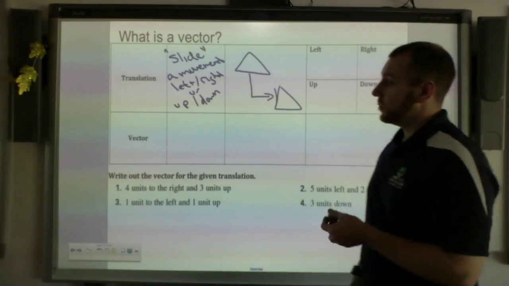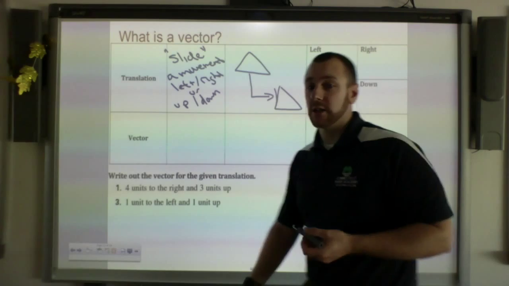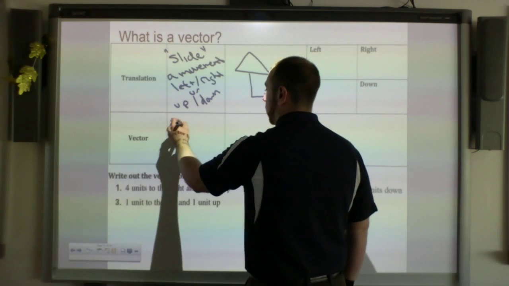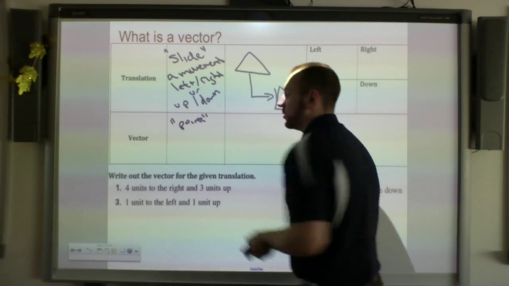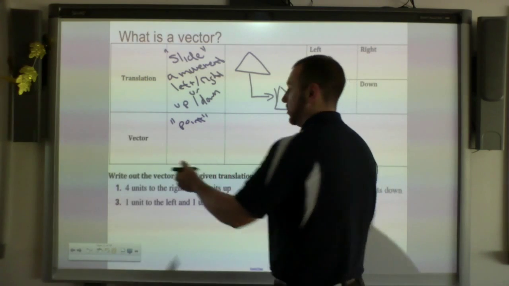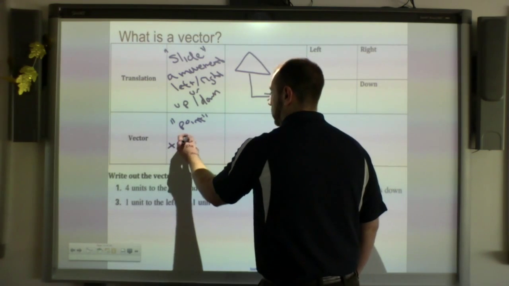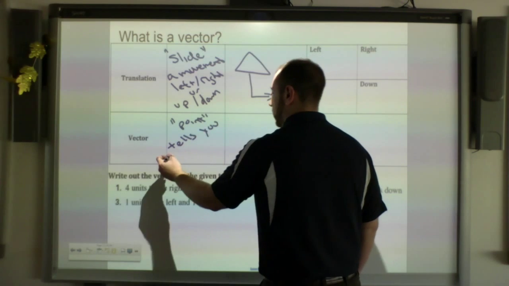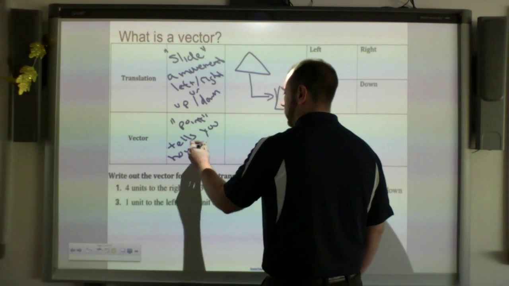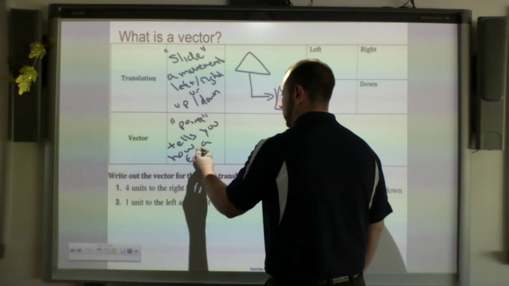To move things, we use what is called a vector. A vector is like a point, only it tells you how a figure moves.